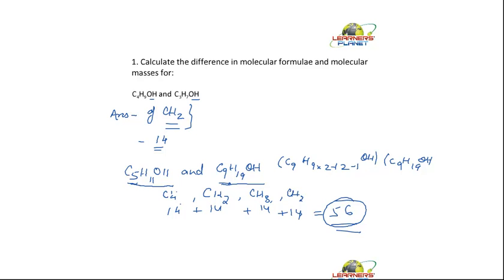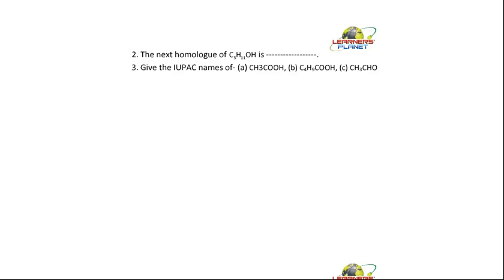Okay, now let's take up our next question here. What is the next homologue of C5H11OH? Just tell me what would be the next homologue. The next homologue will differ from C5H11OH by CH2. So what would be the formula of the next homologue?